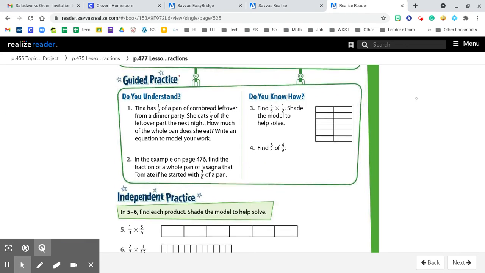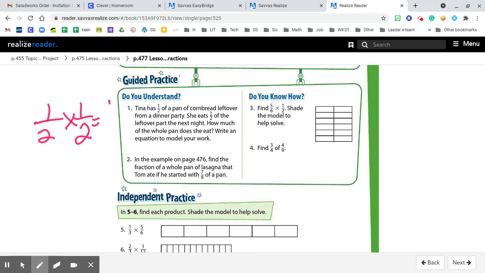And in the guided practice, Tina has half a pan of cornbread left over from a dinner party. She eats half of the leftover part the next night. How much of the whole pan does she eat? So she has half a pan, and she eats half of a half, and half of a half is a quarter.